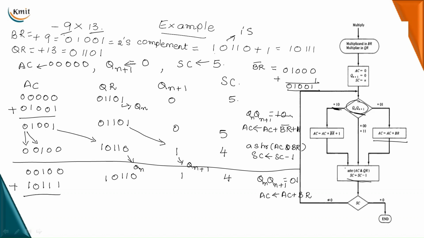Add them. So it becomes 11011. Next, the value of QR is 10110, Qn plus 1 is 1 and the sequence counter is 4.